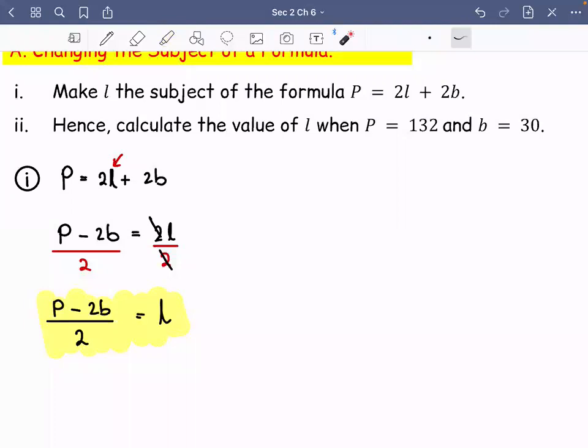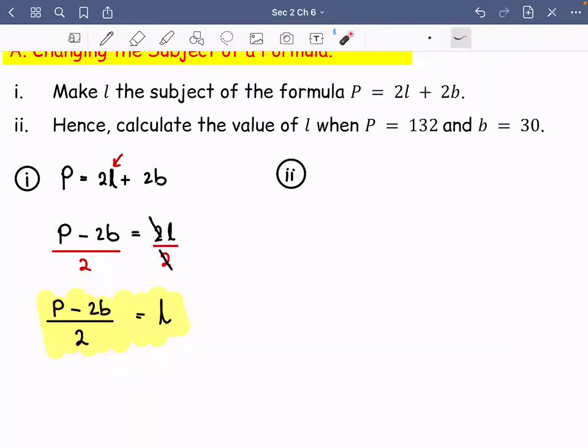Hence, calculate the value of L when P is 132 and B is 30. Now, you can use your calculators here, of course. Calculators are allowed. Basically we use the same formula.